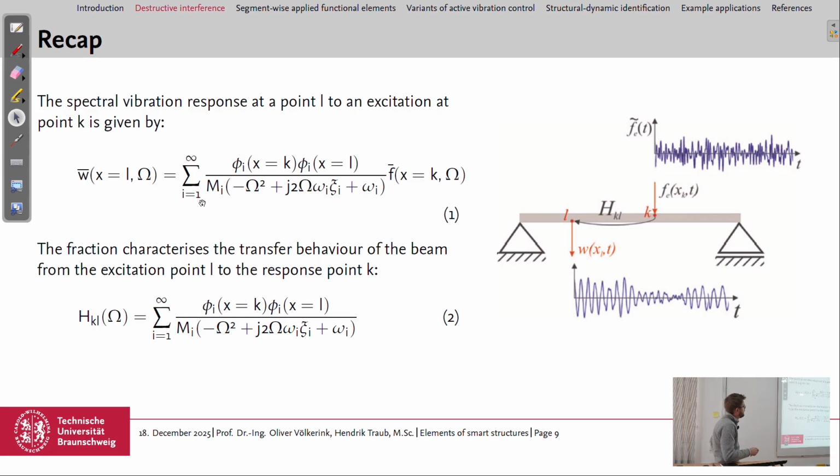A short recap from the last lecture, even if it was only a few minutes ago. We had this equation where we can translate or project a spectral excitation at point K with this sum of fractions, where the distinctive mode shapes i, in this case, at point K and at point L are in.